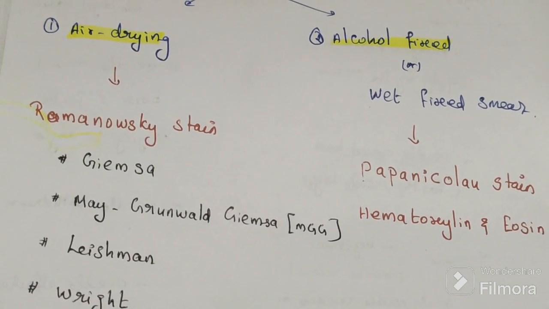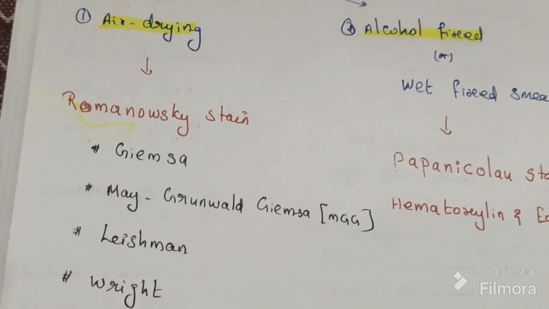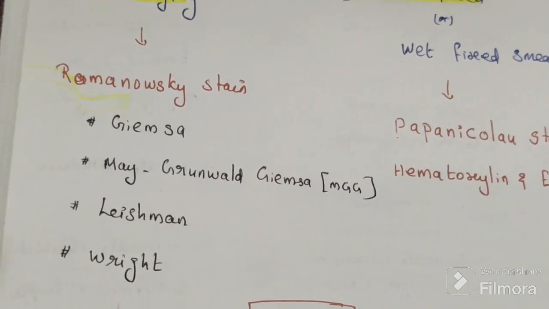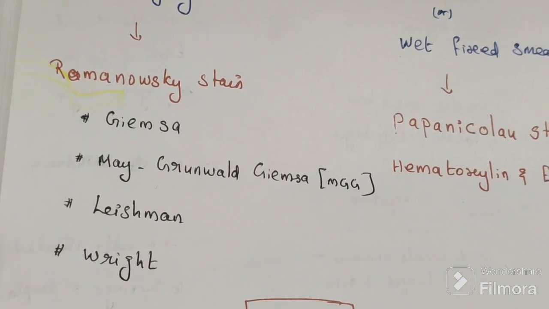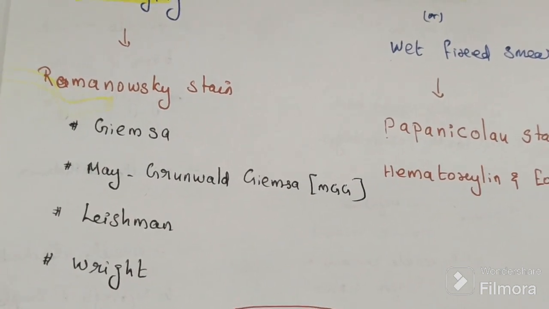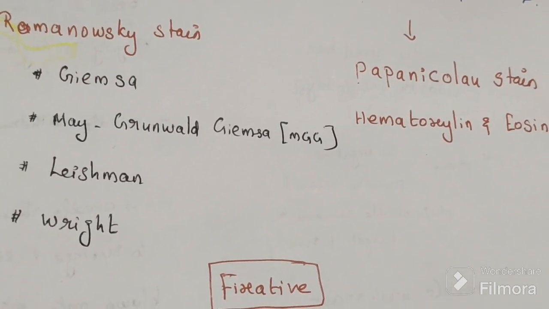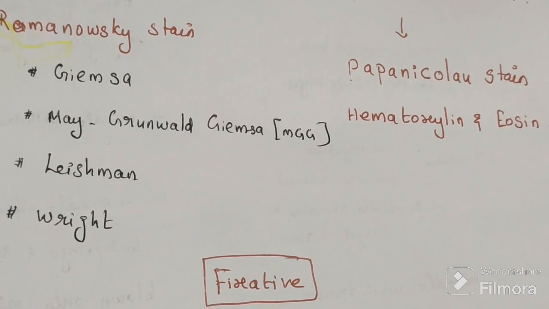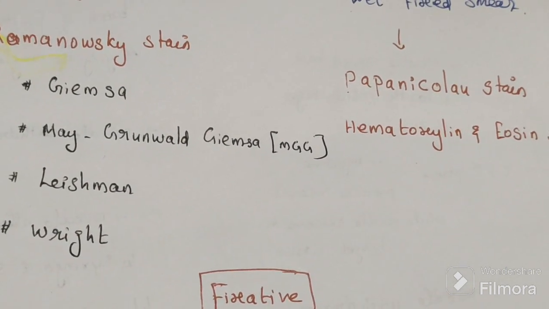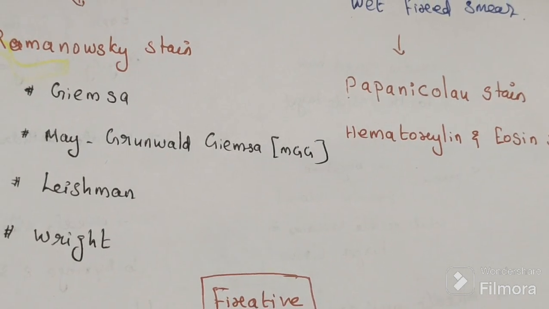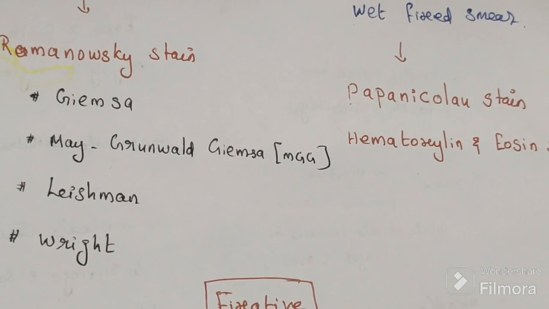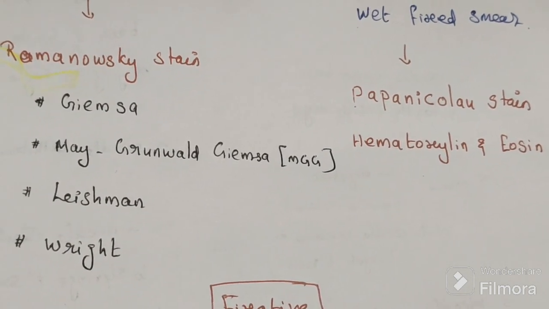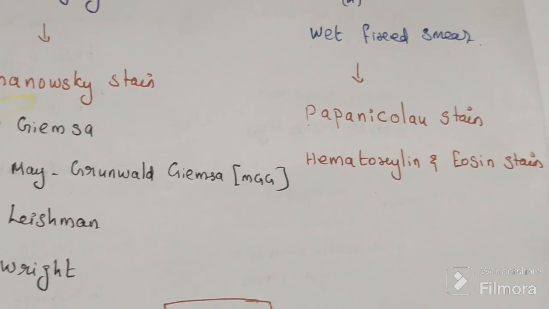For these fixations, what type of stain are we using? In the air drying method we are using Romanowsky staining. Romanowsky staining has the following family members: Giemsa staining, May-Grunwald Giemsa staining, Leishman staining, and Wright staining.